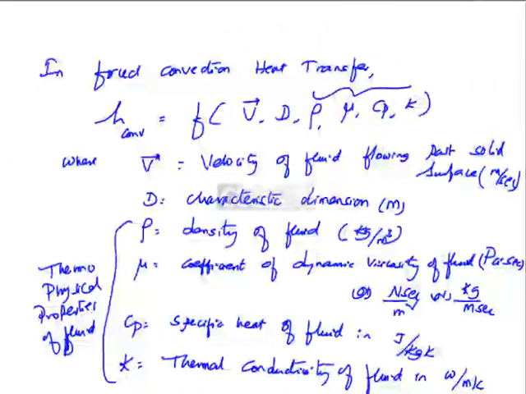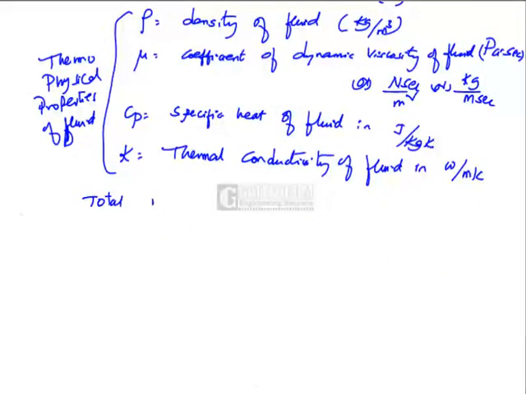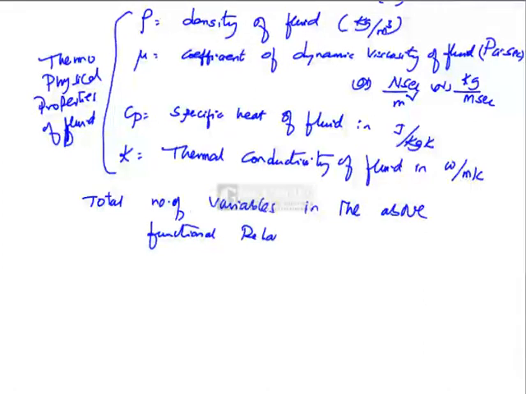In the above functional relationship, how many variables are there? Total number of physical variables in the above functional relationship is n equals, including the dependent, h is a dependent variable, the remaining 6 are independent, total 7 variables are there.